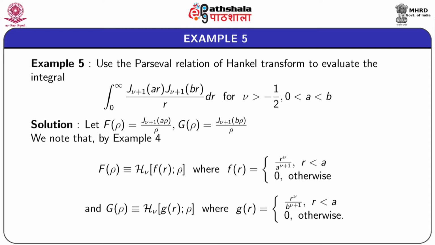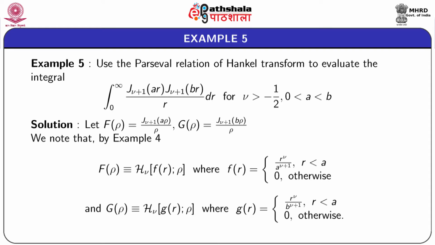To show this, we write capital F rho equal to J nu plus 1 a rho by rho, and capital G rho as J nu plus 1 b rho by rho.